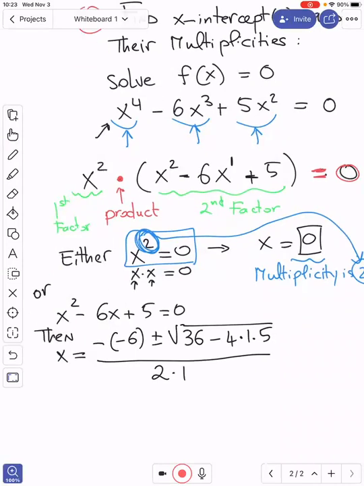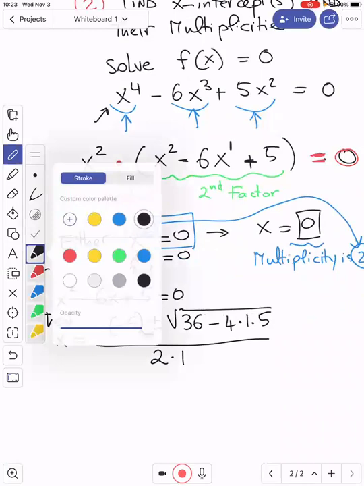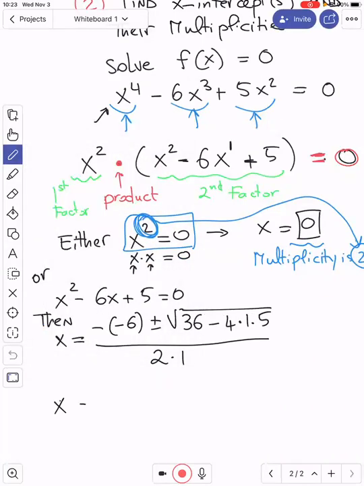So your x would be 6 plus or minus the square root of 36 minus 20, that would be 16, over 2.